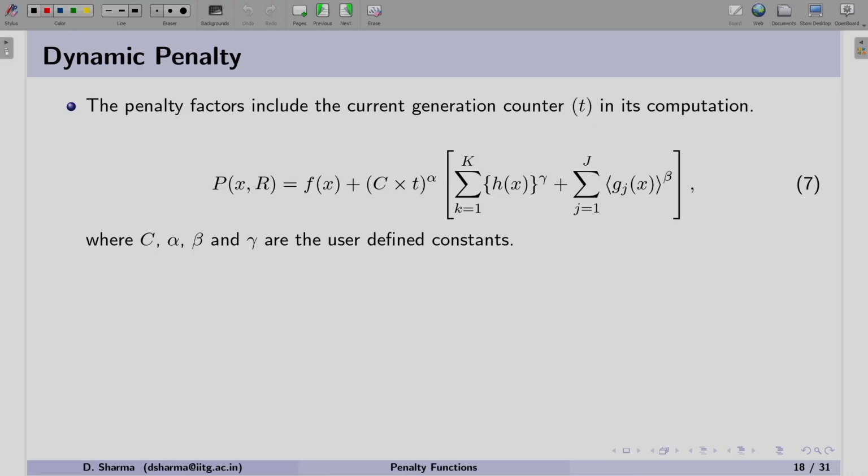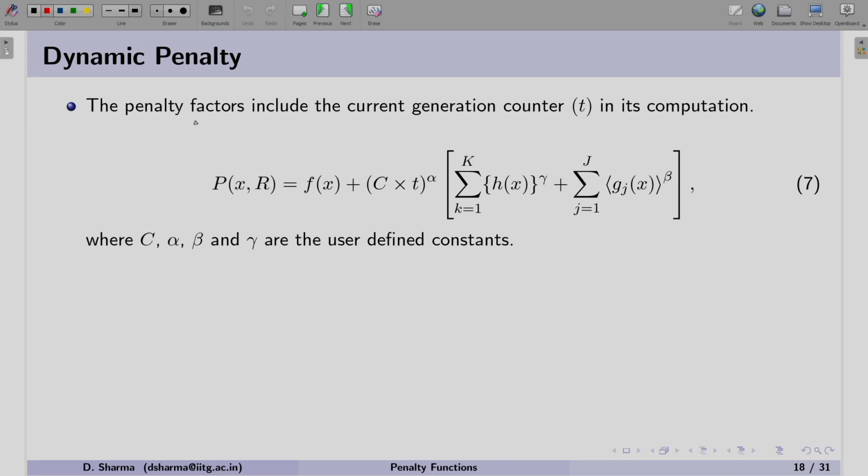If we take a large value, then that will generate artificial optima. Then our algorithm should be efficient enough to move towards the global optima rather than getting stuck in the local optima. Let us move to another kind of penalty method, which is dynamic penalty.